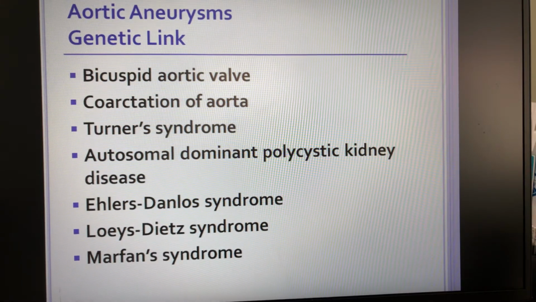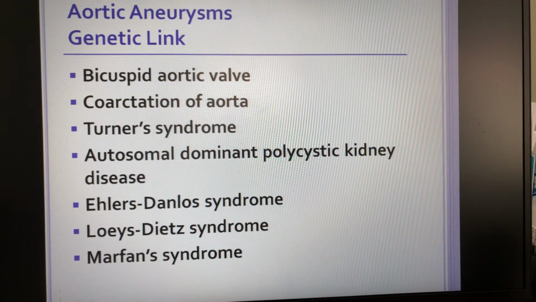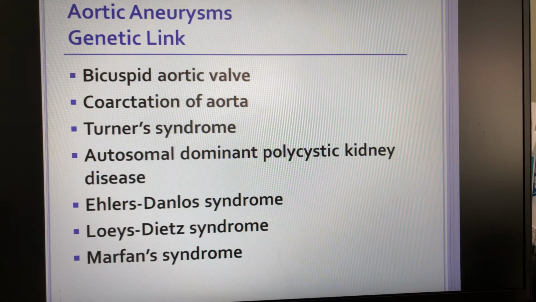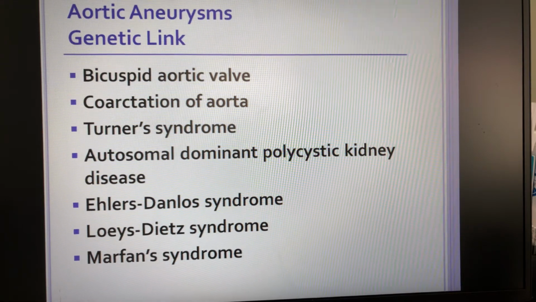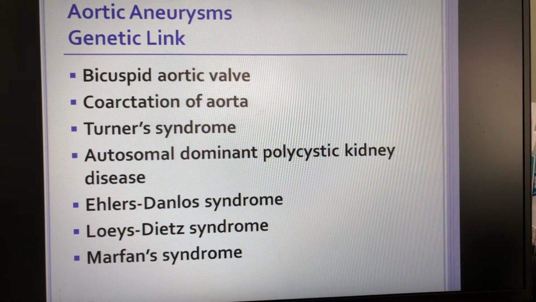And I'm not familiar with that, honestly. And it also talks about premature breakdown of vascular elastic tissue in the Loeys-Dietz syndrome and Marfan syndrome. And of those three, I am familiar with Marfan syndrome.